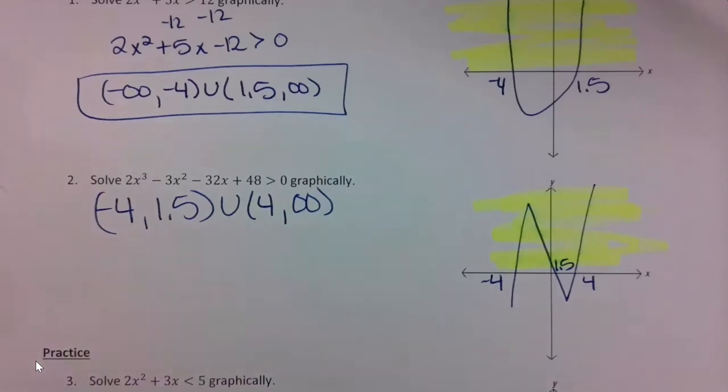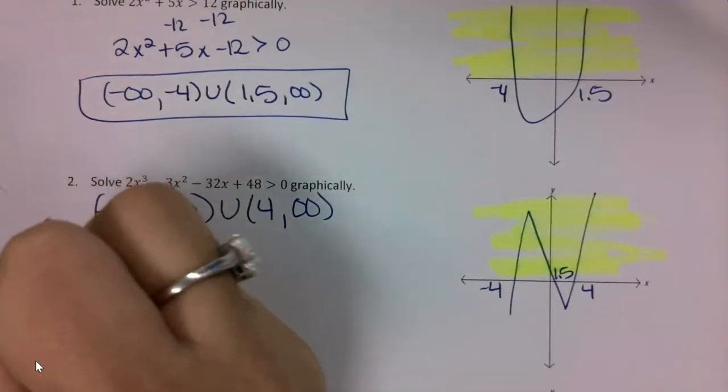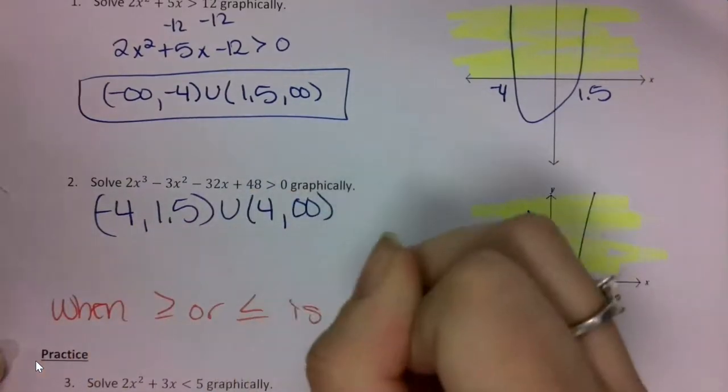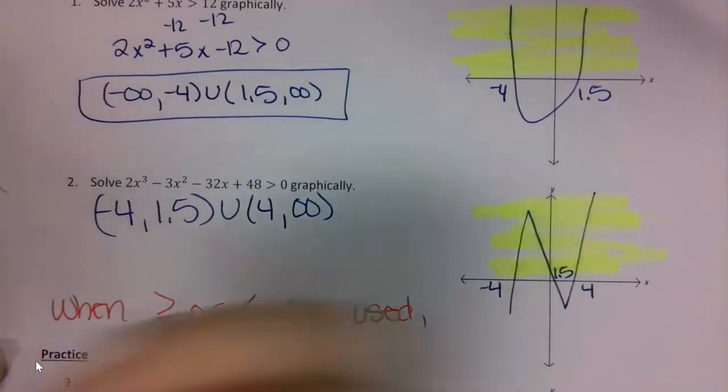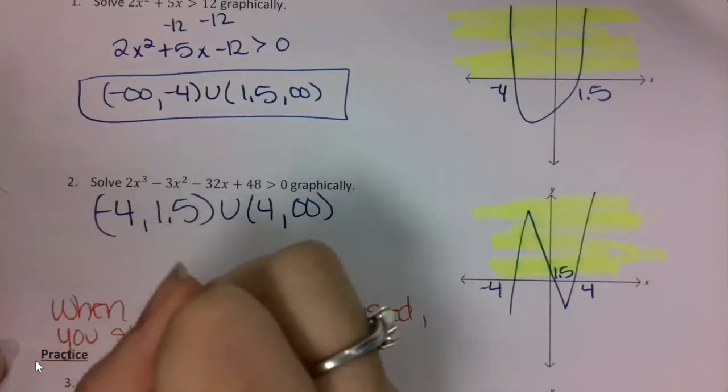One thing I want to point out, I didn't realize this until just now. Apparently, I don't have any with greater than or equal to or less than or equal to. So when those two are used, you should have brackets in your answers.